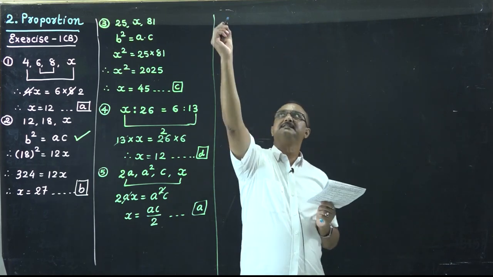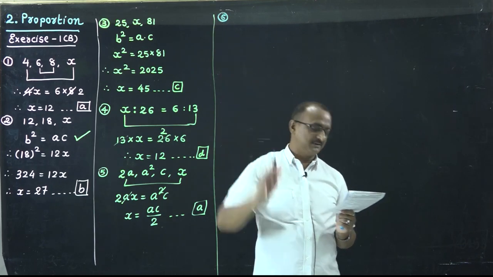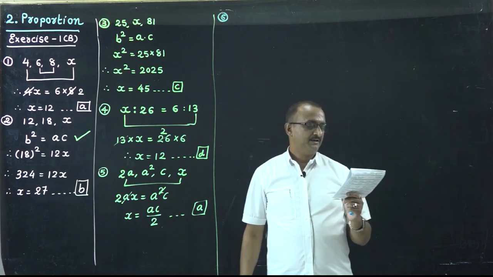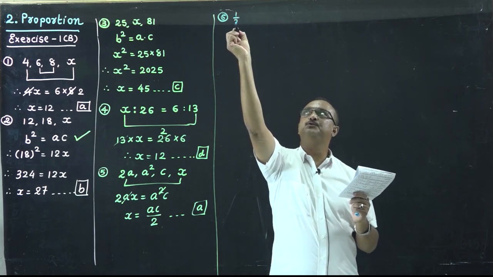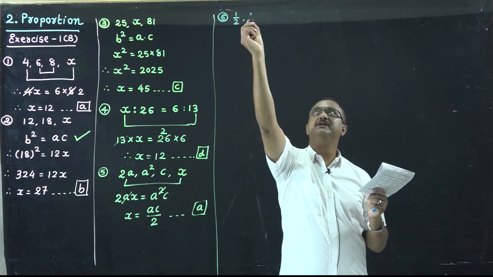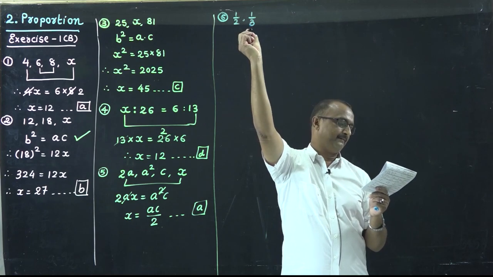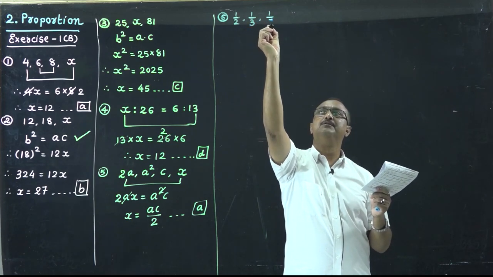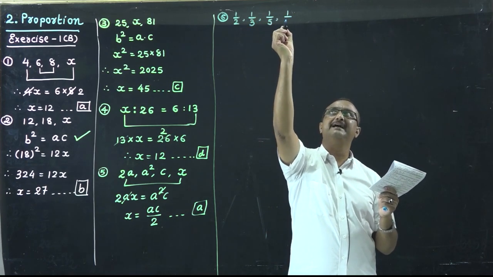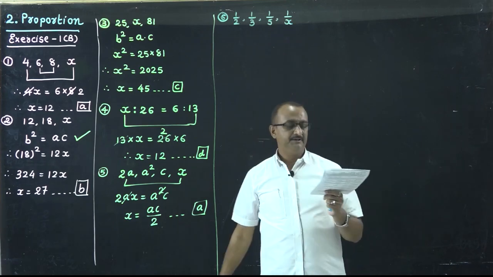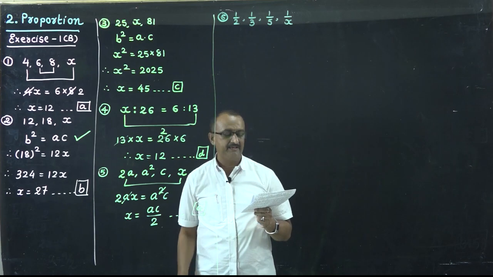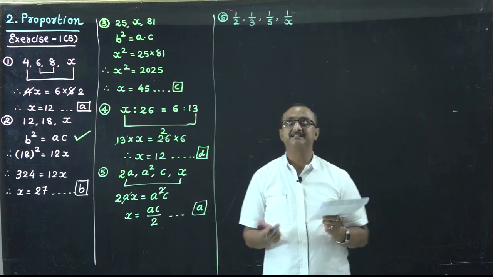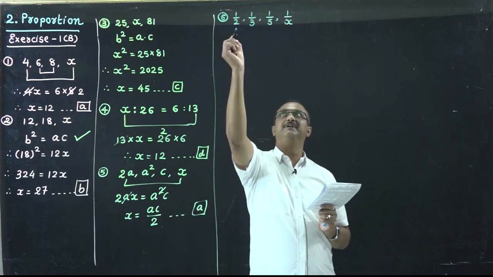Now question number 6. If four numbers 1 by 2, 1 by 3, 1 by 5 and 1 by x are in proportion, then what is x? Again same formula, okay?